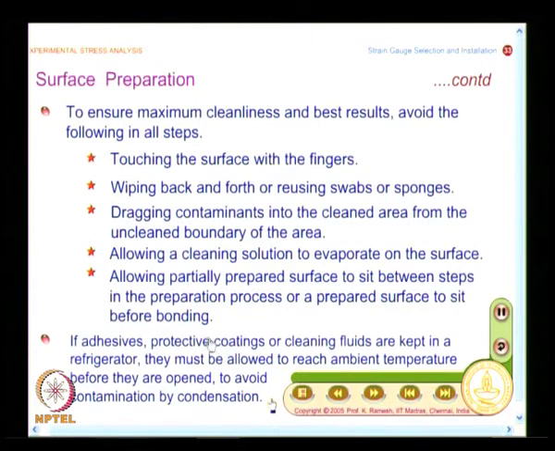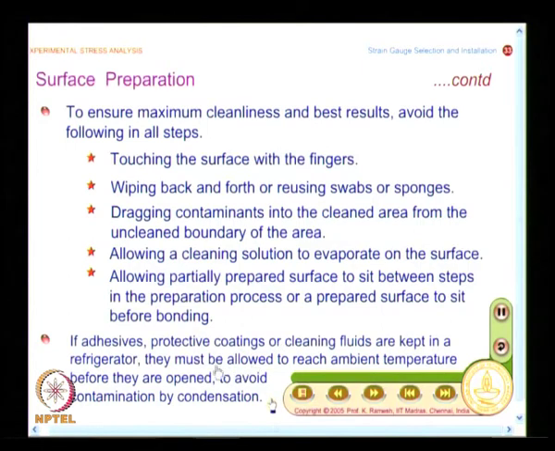And there is also another very practical suggestion given. When you buy an adhesive or protective coatings or cleaning fluids, they all have shelf life, and in order to improve the shelf life, you normally keep them refrigerated. And this is a very subtle point.